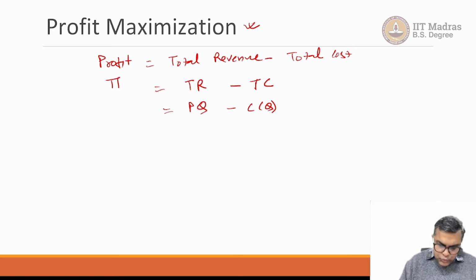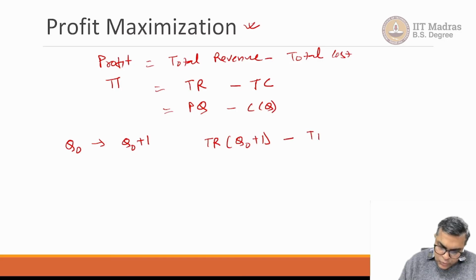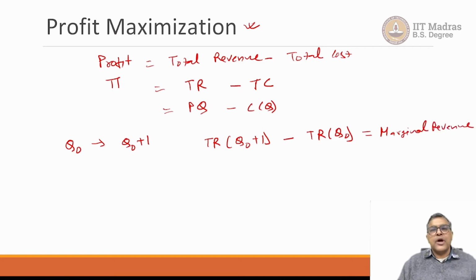Before we go to calculus, let us understand that as of now you are producing Q naught amount of output, and if you move from Q naught to Q naught plus 1, let us see what happens to total revenue. Total revenue changes from that at Q naught to that at Q naught plus 1, and this we can call marginal revenue. That is the change in revenue to produce one more unit.